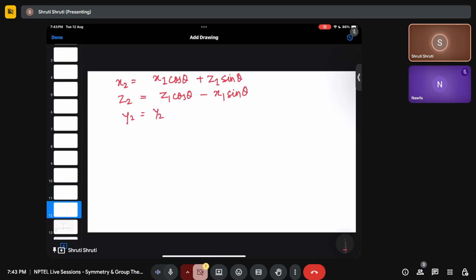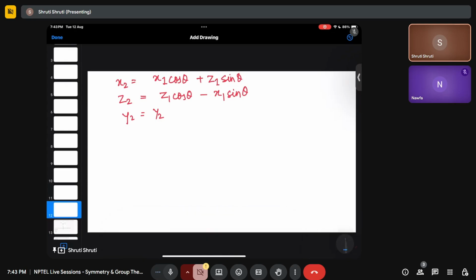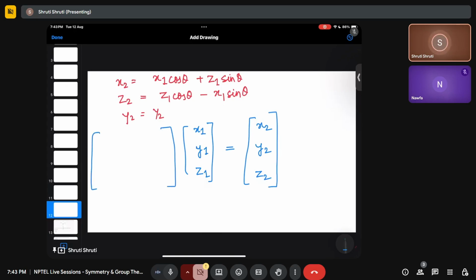So you can represent this in matrix notation. What we are changing, our basis, is x1, y1, z1, and it is getting changed to x2, y2, z2. Now since y1 and y2 are the same, this element will be 1.